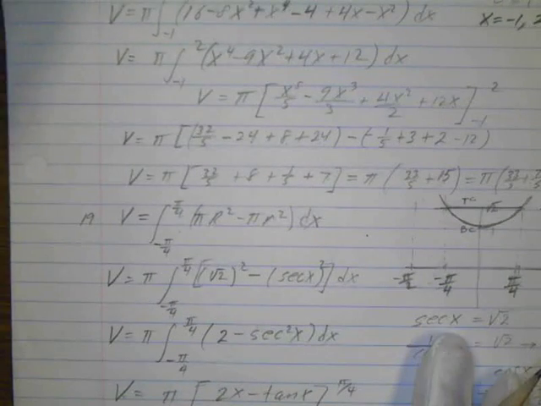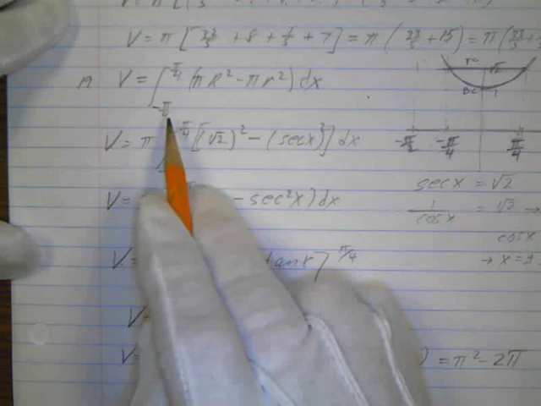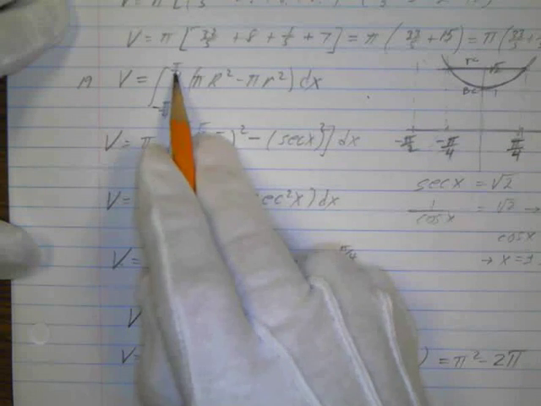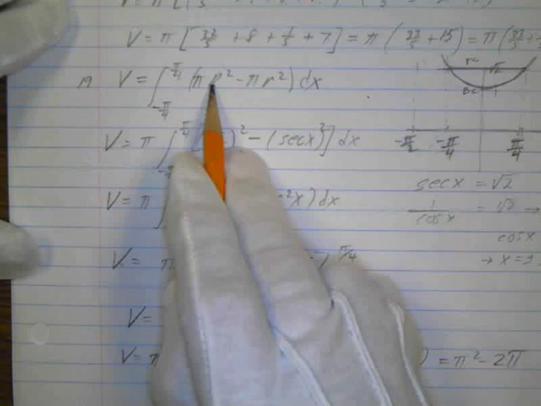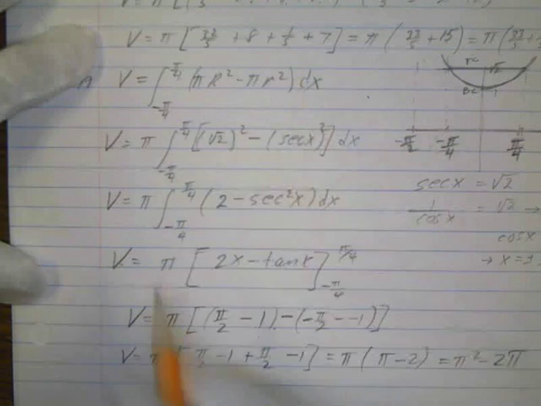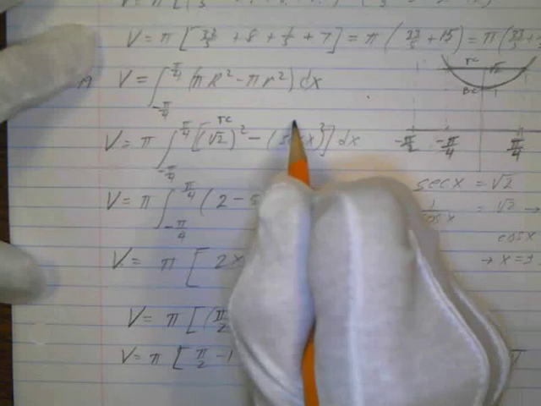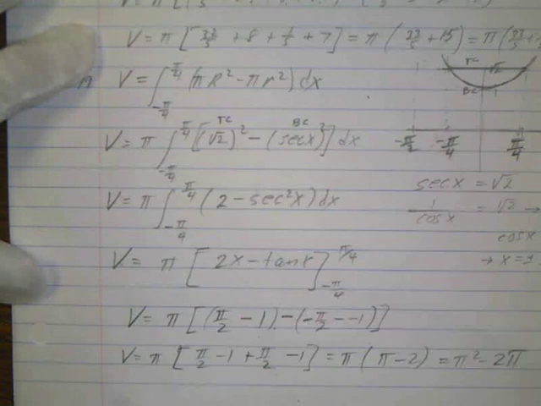So my general form over here, here's number 19. The integral from negative pi over 4 to pi over 4, and then pi times big R squared minus pi times little r squared dx. So again, this is my top curve squared, and bottom curve squared.